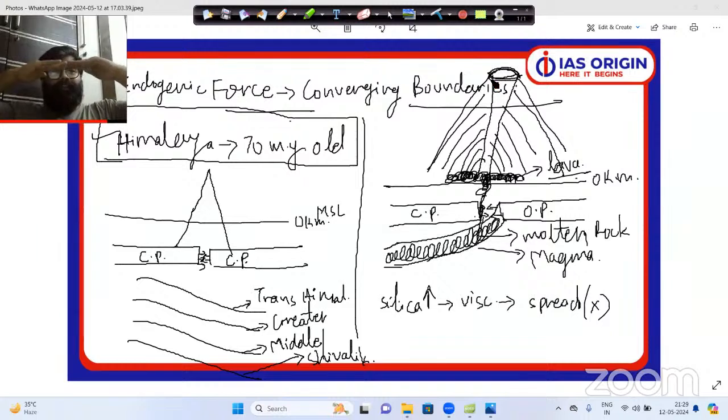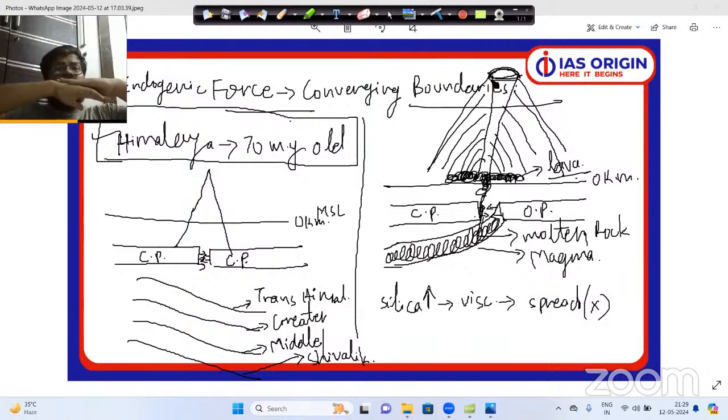And this oceanic plate is being submerged under the continental plate. So this portion of the oceanic plate, where I'm moving my hand, will be converted into a molten rock. So this will come out of the surface in the name of lava.